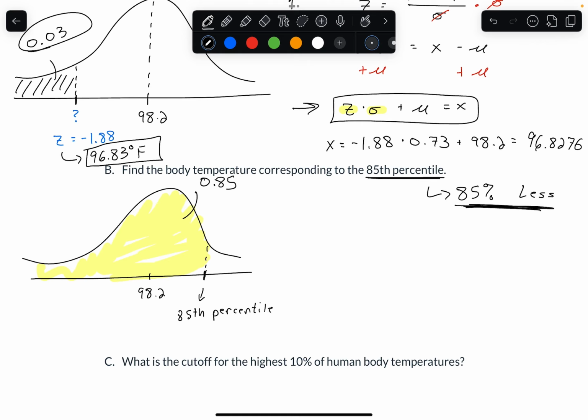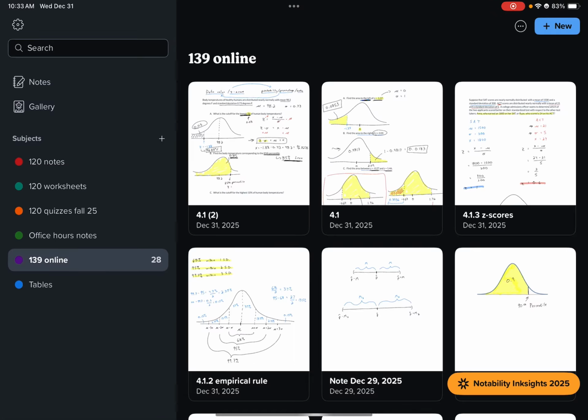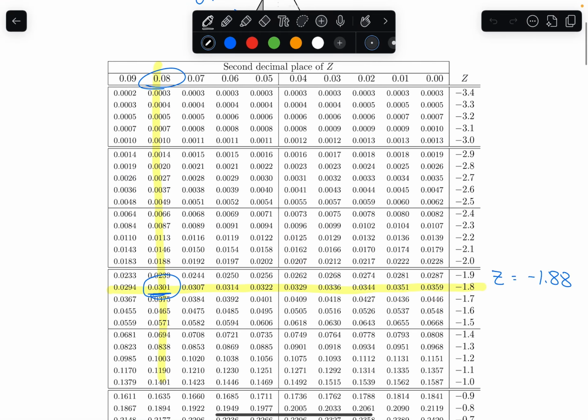So again, we're looking for a real-world data value, and I have to start by finding the z-score corresponding to that number. So for my z-score, we want the area to the left to be 0.85. I'm going to have to jump back to my z-tables.